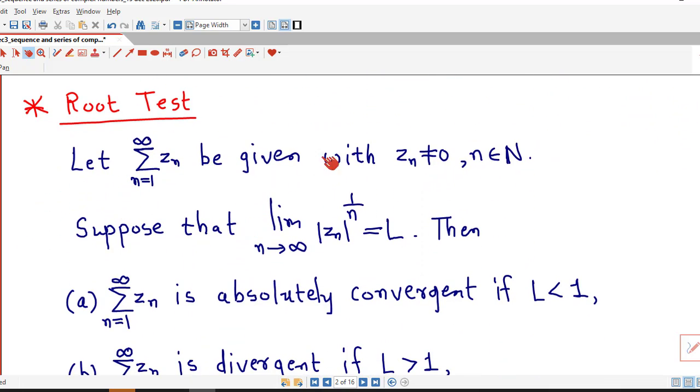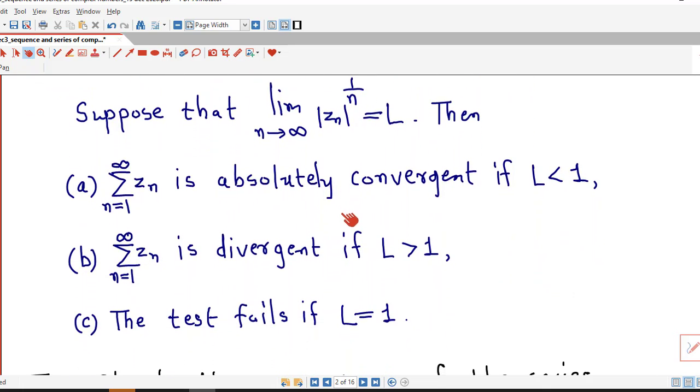So suppose sigma zn is a given complex series with zn not equal to 0 for every n belongs to N. Now suppose limit of absolute value of nth term to the power 1 by n, or suppose limit of nth root of absolute value of zn is capital L, then depending on the value of this limit capital L, we have the same three cases as ratio test.